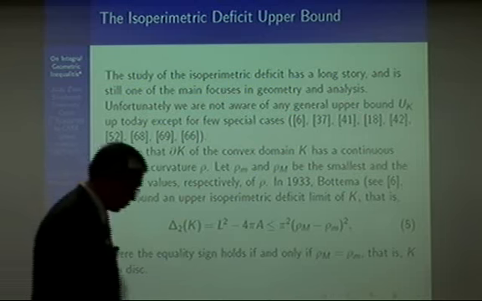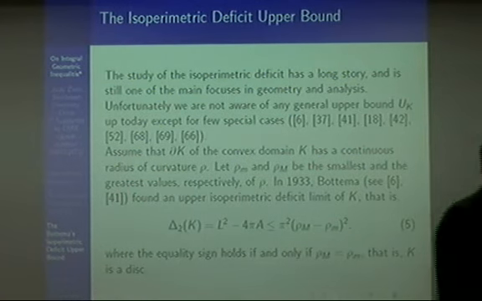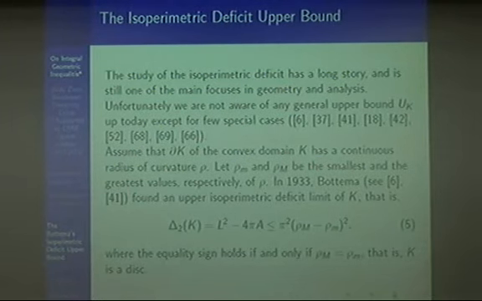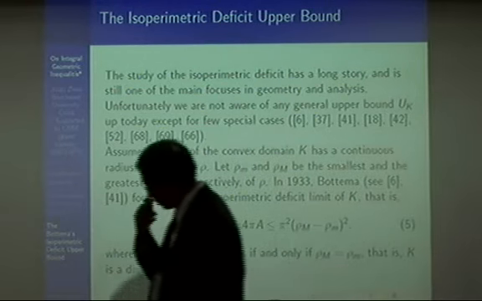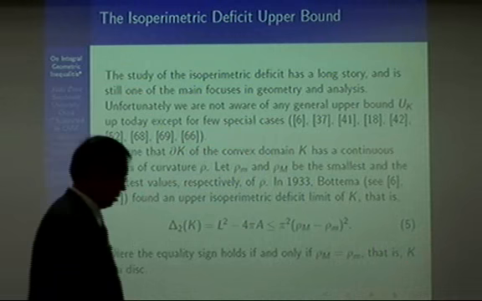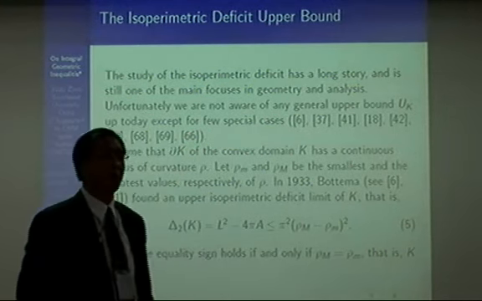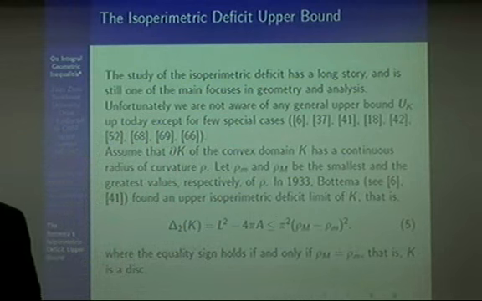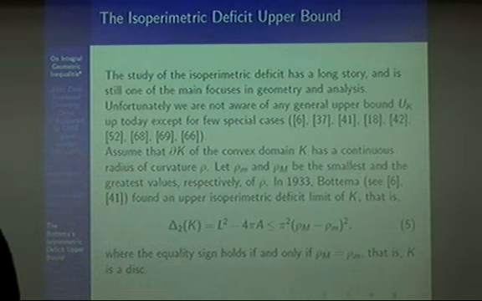A recent paper was published in Annals in 2007 by a professor from Stanford, and he got some Bonnesen inequality for high dimensions. Unfortunately, we are not aware of any general upper bound U_K today, except for special cases.